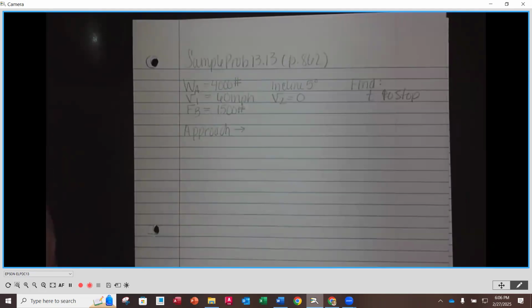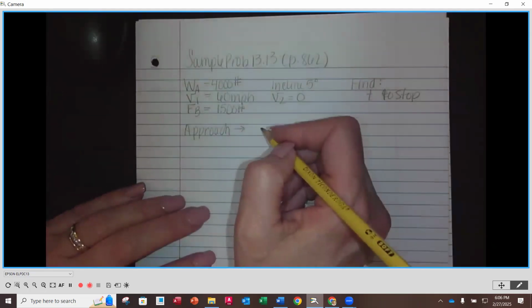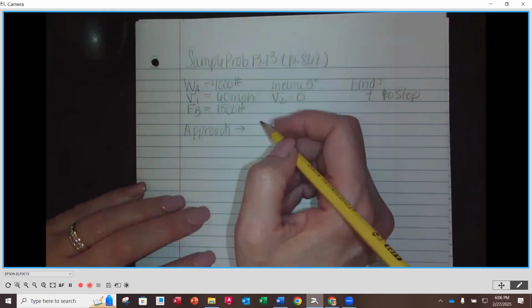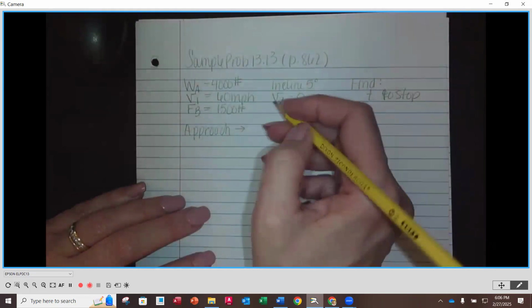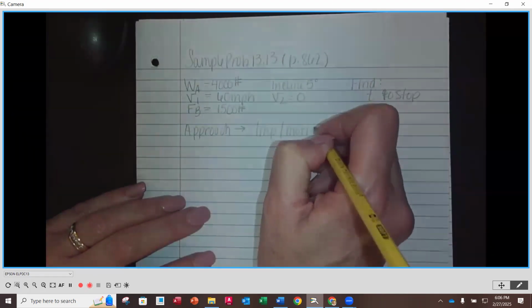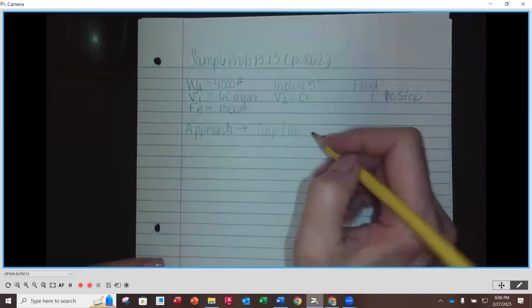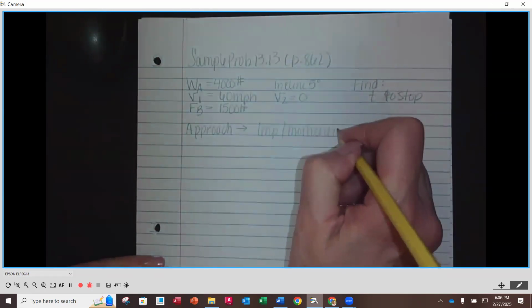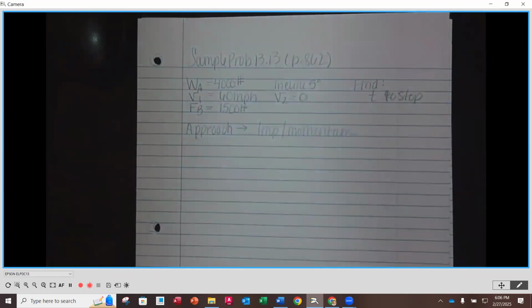We have, well, actually 4, conservation of energy. We have the work energy theorem, and then now we have impulse momentum. So depending on what you have going on, you usually use more than one, and will still get you a good answer. But for this one, we're going to use the impulse momentum that we just learned here in section 13.